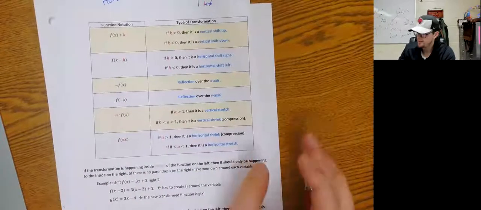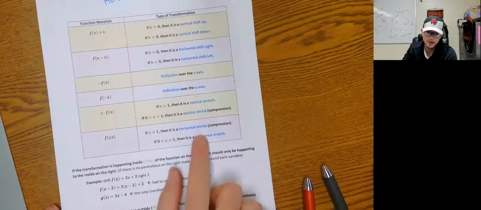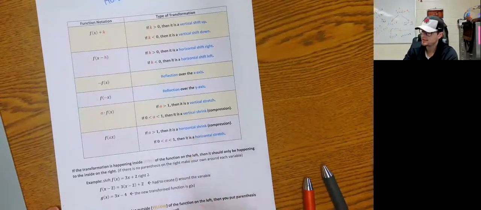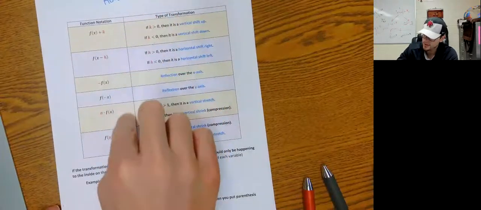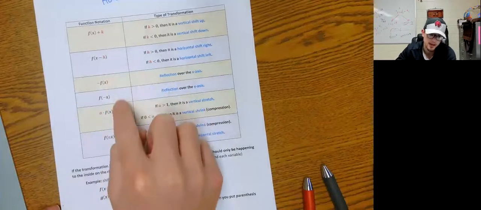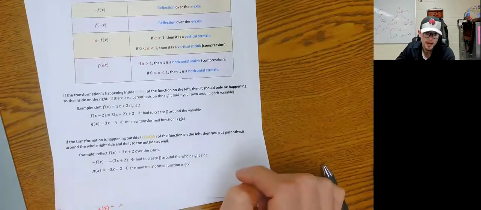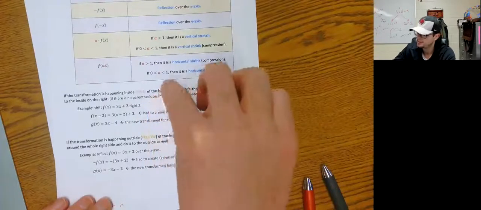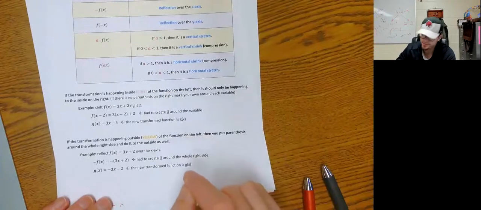If I'm not your actual teacher, I would suggest writing these down on a piece of paper. Maybe pause the video, write these down, color coordinate them. These ones are yellow because that's outside, outside, outside. These ones are pink, inside, inside, inside. And then here are the examples for what I mean by what do you do when it's inside? What do you do when it's to the whole function?